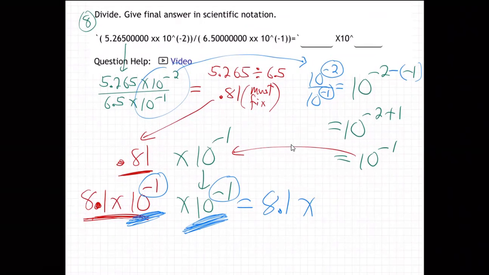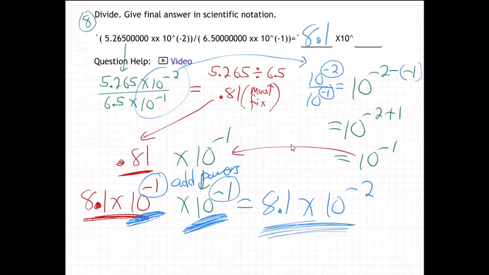Add them. Right, add the powers, because they're multiplied, not divided. So that'll be 10 to the minus 2, negative 1 plus negative 1. And there's our answer, 8.1 times 10 to the minus 2. Now it's in scientific notation. Now the decimal's where it belongs, after the first digit.